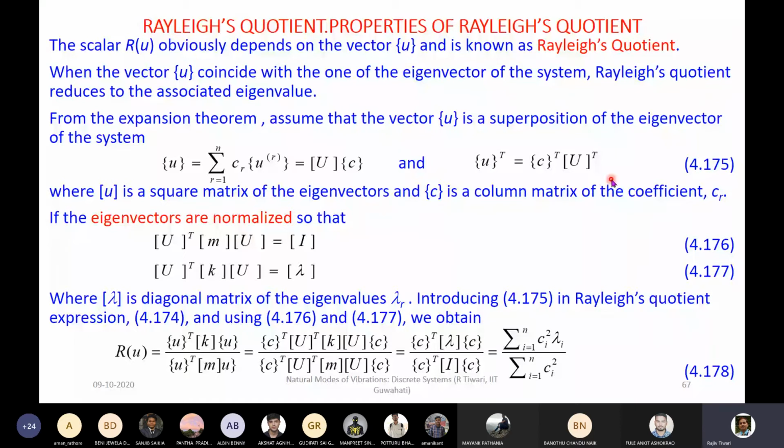Here U is the modal matrix, which is a square matrix, and this C has all the n components.